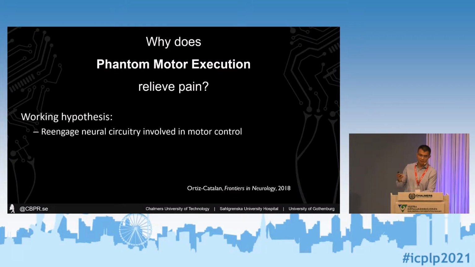So with all that said, the reason for the phantom motor execution idea is to engage the neural circuitry that was affected. We use motor execution primarily because it's easier. It's a top-down approach, so patients can try to execute very complex movements.